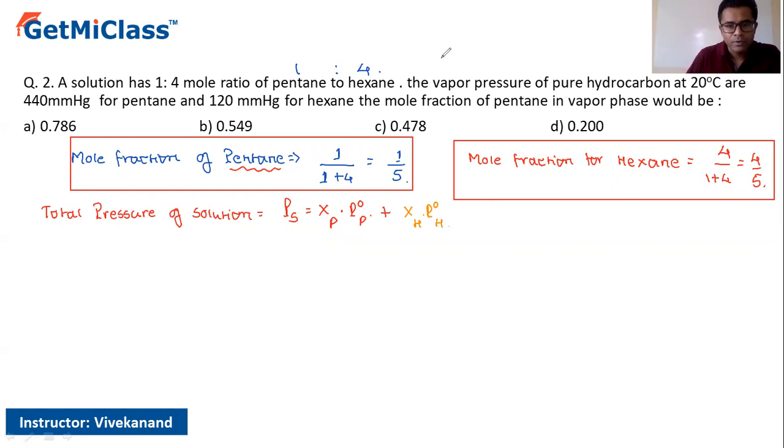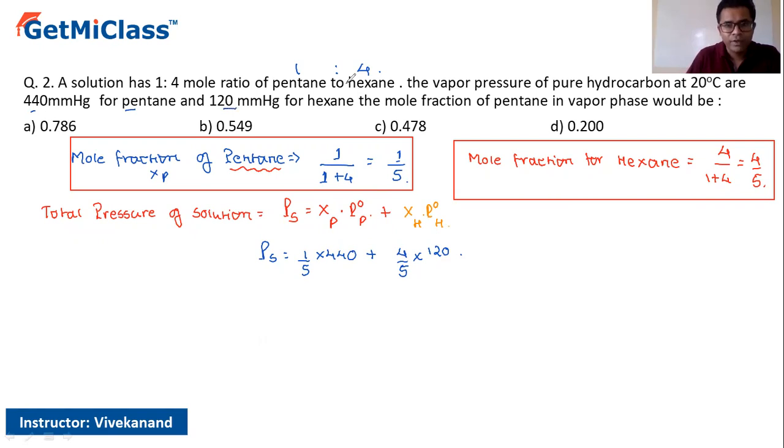So PS is equal to: XP, that is chi P, is nothing more than the mole fraction of pentane, that is 1/5, into P naught, the vapor pressure of pure pentane, which is given as 440, plus 4/5 into 120 because of the hexane.